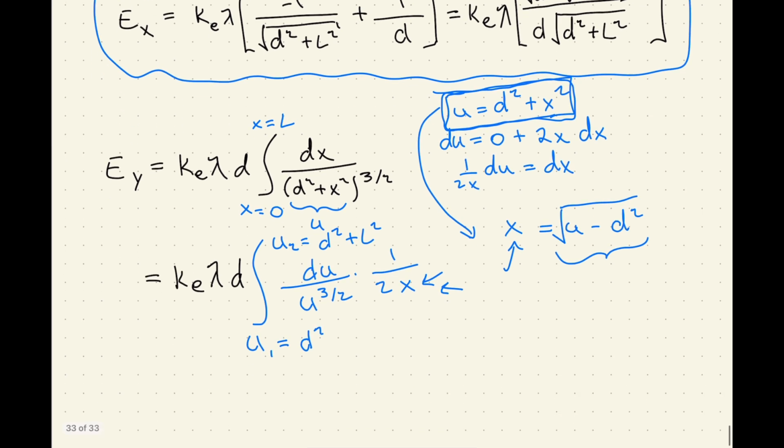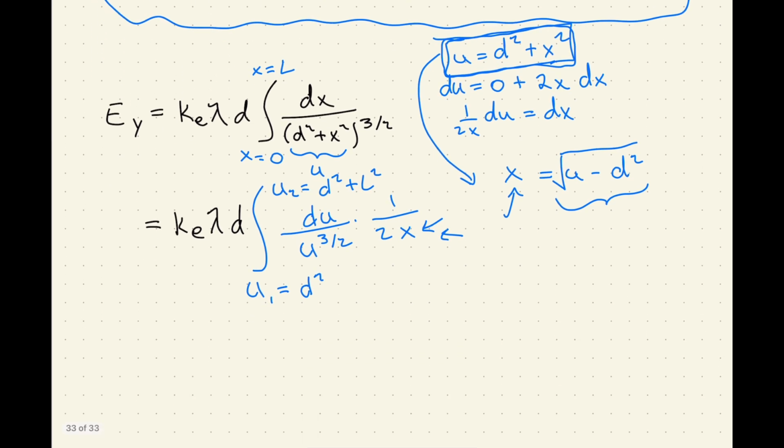So you can actually see this integral is not looking good. It's not looking good at all. Basically what we have is integral du on the top, we have u to the 3 over 2, and then we replace this x. We can pull out this 1/2, right? This 1/2 is a constant, pull it out, along with all these other constants here. I'm not writing it.